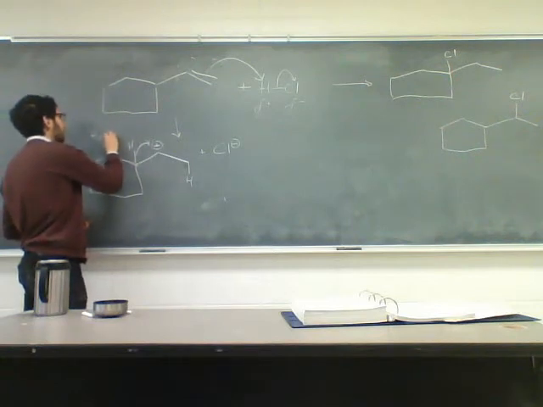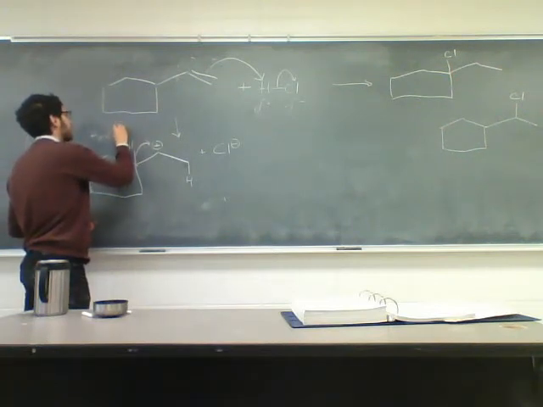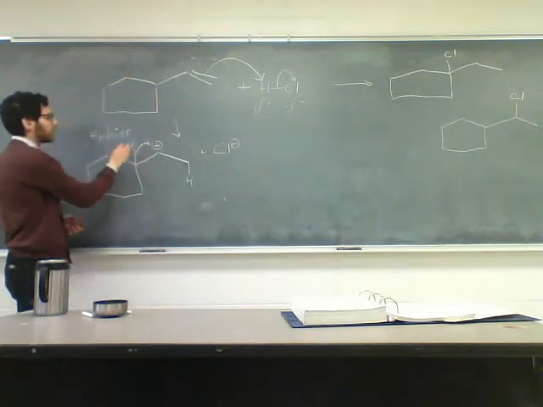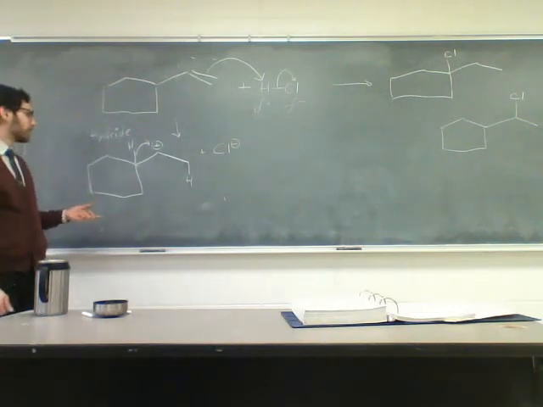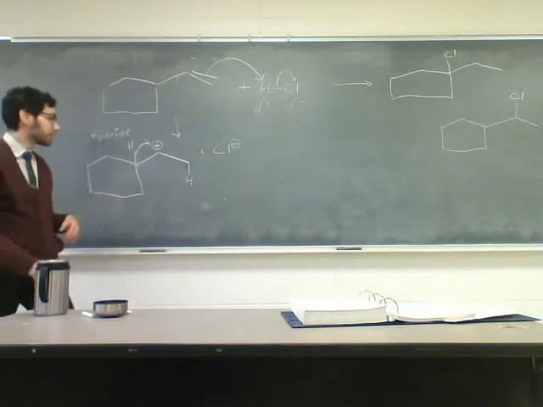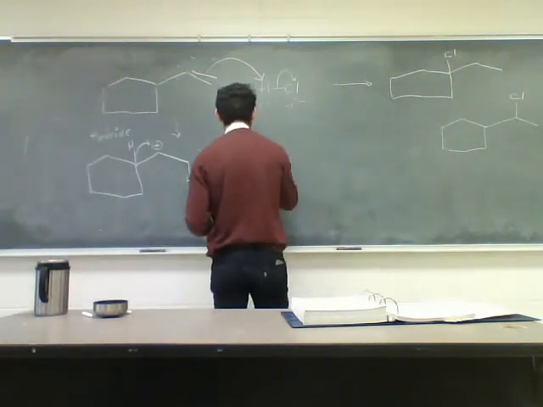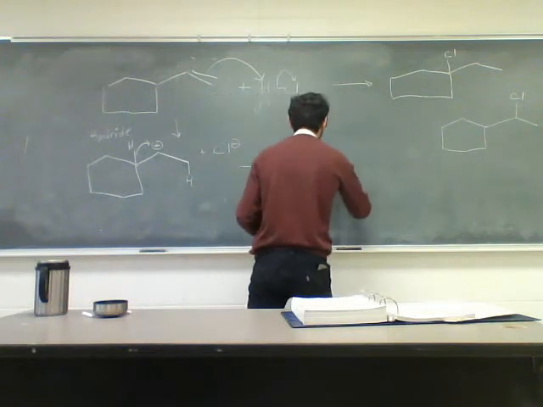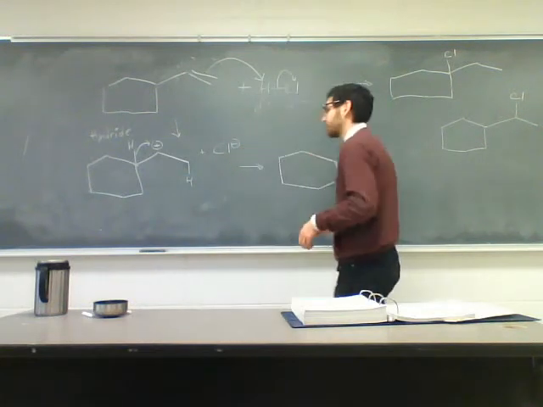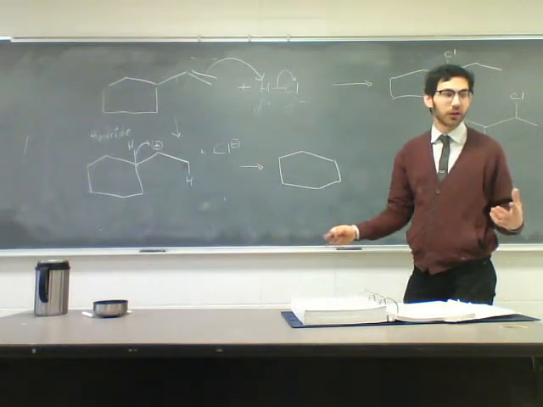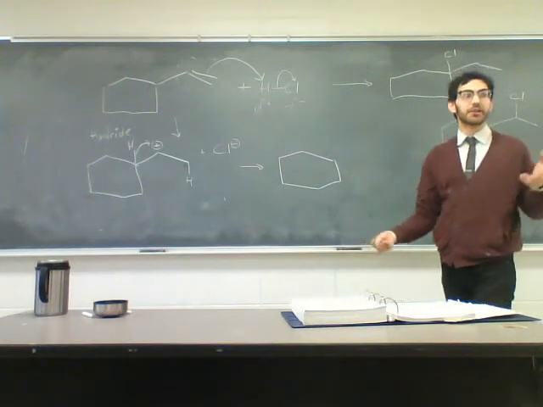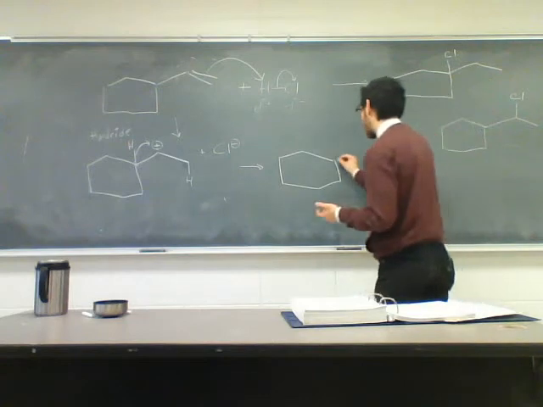And H minus is a hydride anion. And here, hydrogen is kind of behaving like an anion. And so we have this shift. And this produces a more stable carbocation. So you will never see a hydride shift occur unless you can immediately form a more stable carbocation.